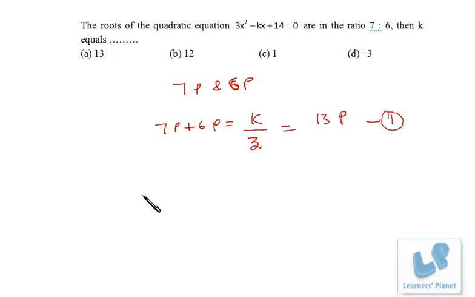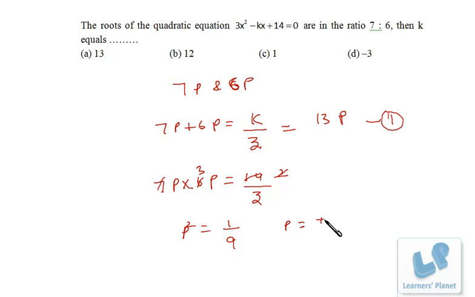Similarly, product of the roots will be what? It's 7p into 6p. It's the constant term by coefficient of x square. So it's 14 by 3. Right? So the value of p square is what? P square is equal to 1 by 9.